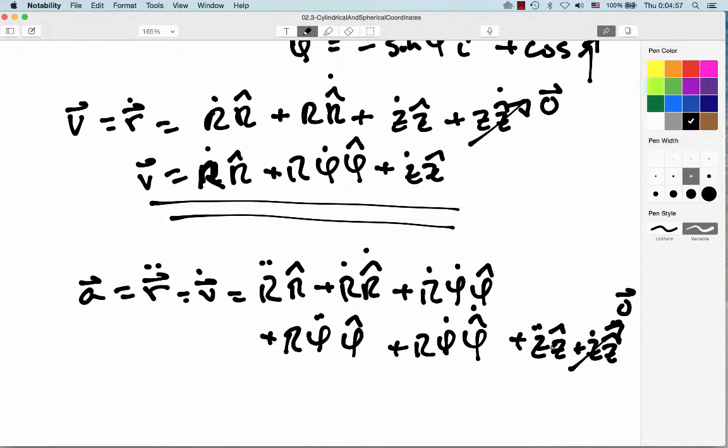Okay, so once again we have to pay attention to the r hat dot. Remember, r hat dot we worked out was phi dot phi hat from when we worked in plane polar, and by the same token phi hat dot would be equal to minus phi dot r hat. So we'll just go ahead and put those in.